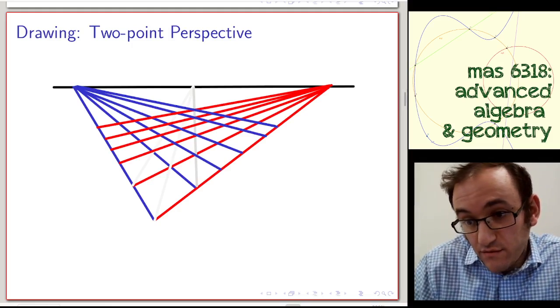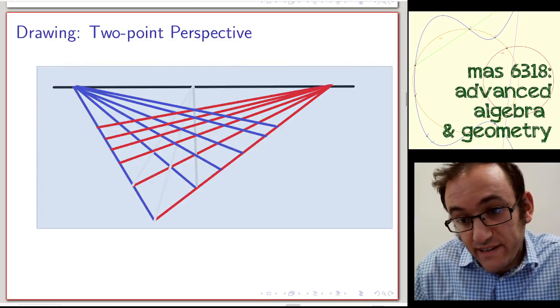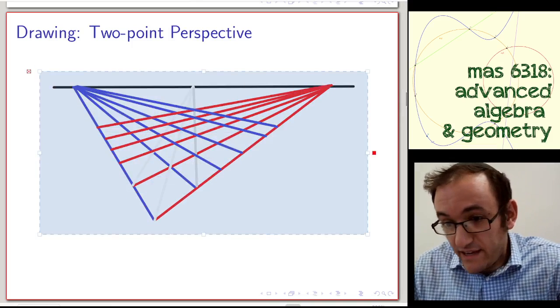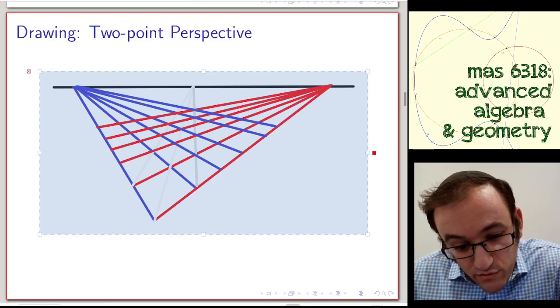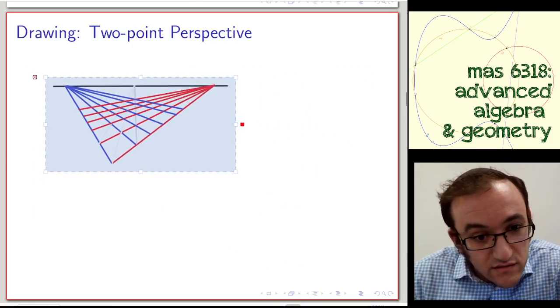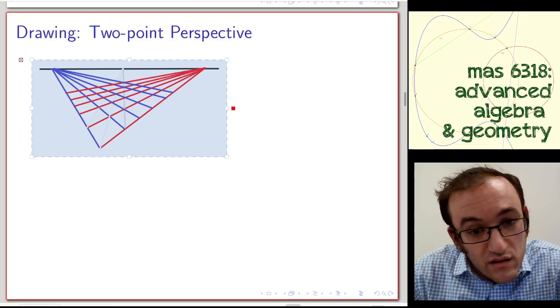And if you wanted to build, for instance, just a rectangular room whose tiles made it appear to be in perspective, you could do the following. Well, first let's copy that. Let's shrink this down a bit.